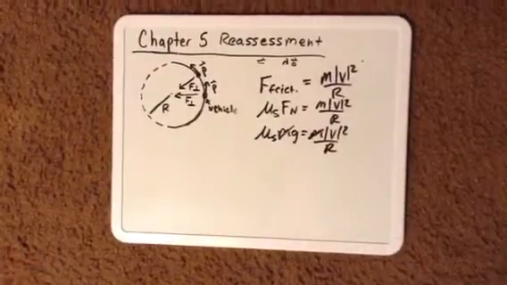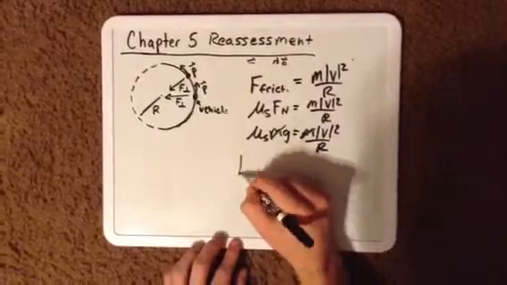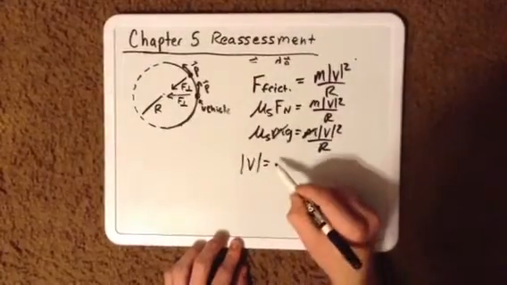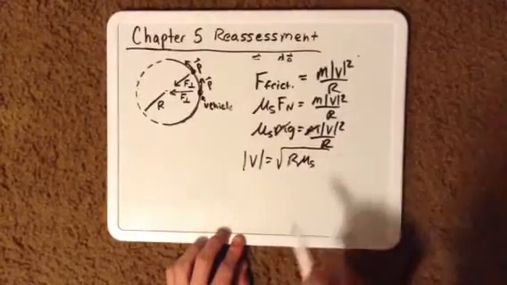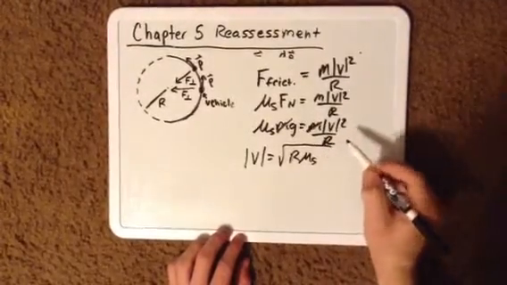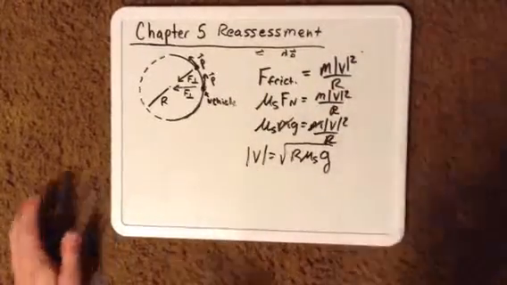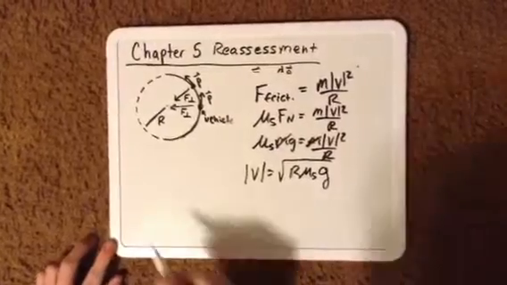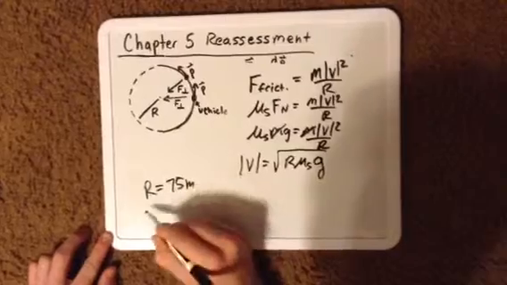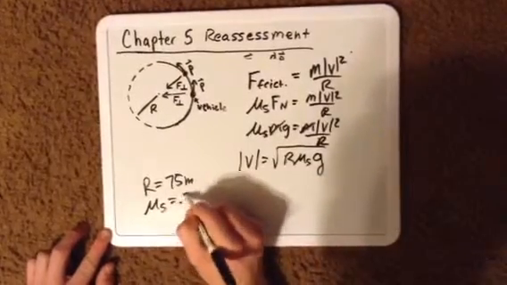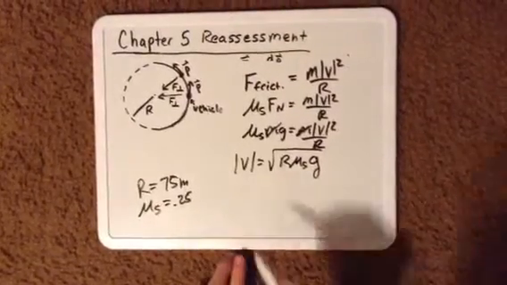And we're looking for the fastest speed the vehicle can go. Again, we're solving for v. So when you do that algebraically, you get the square root of r times mu s, the coefficient of static friction, times g. And because everyone likes numbers, let's say r is 75 meters, the coefficient of static friction is 0.25, and g is 9.8 meters per second squared.